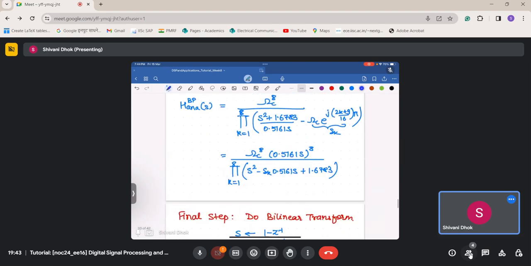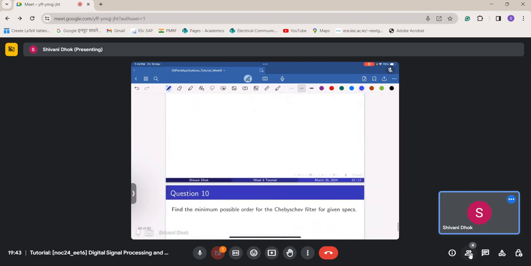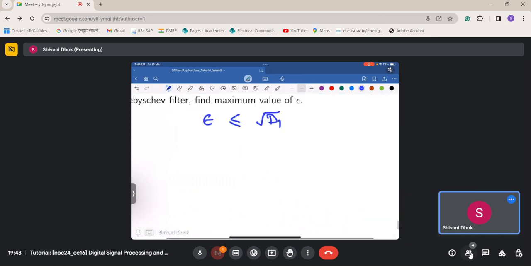So this is under root of 0.3841, which comes out to be 0.61975.